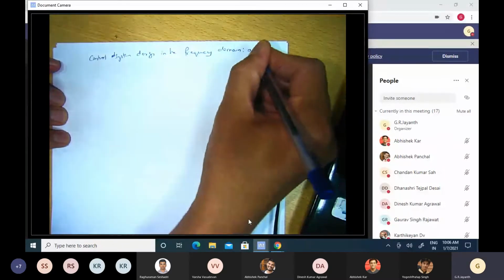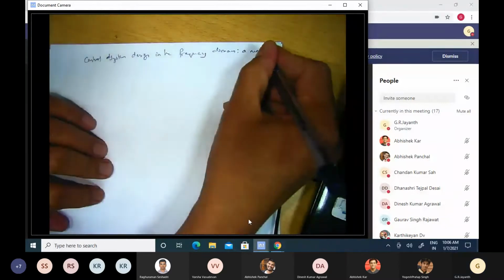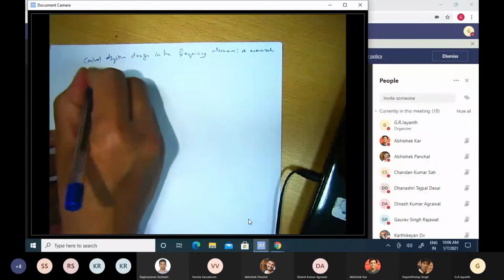A numerical example. So we shall take a numerical example and go over the various considerations that go into the design of a feedback system.